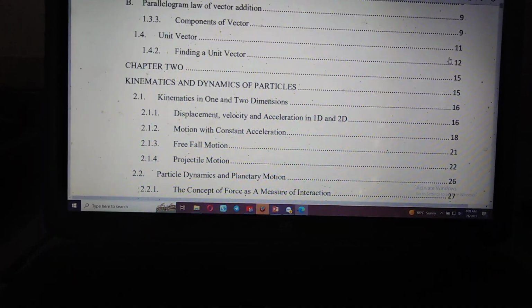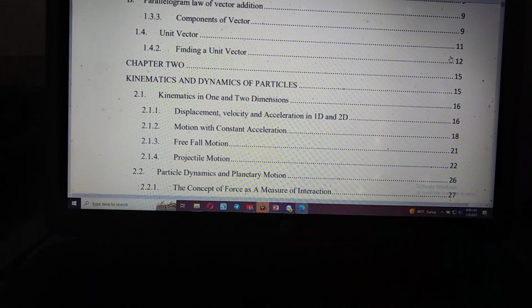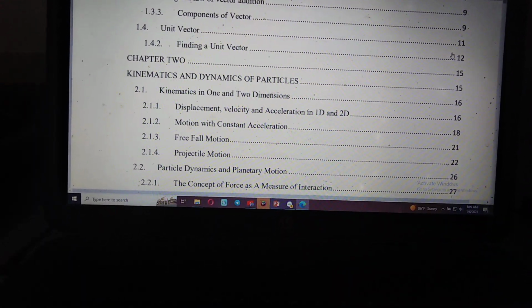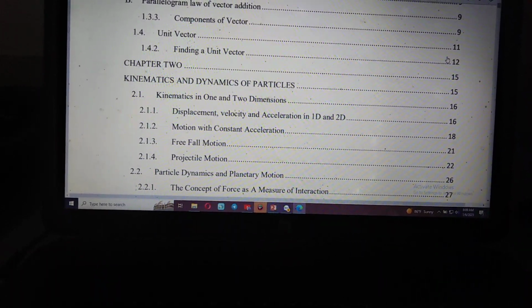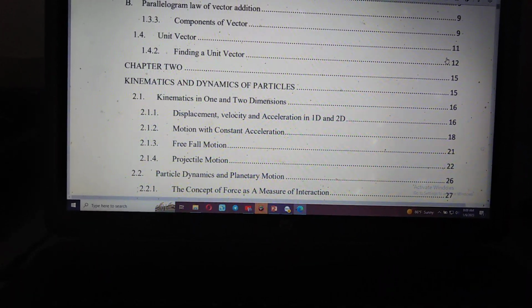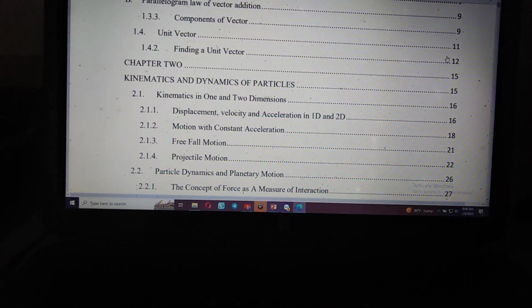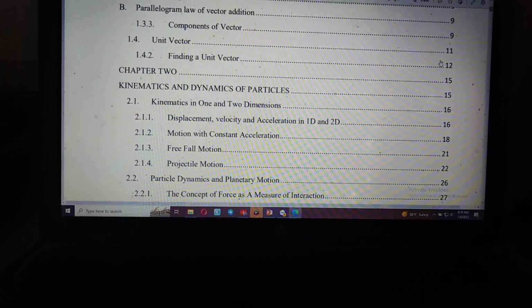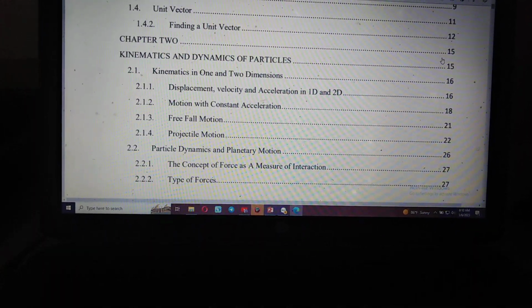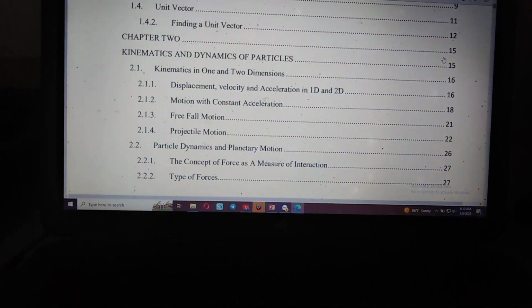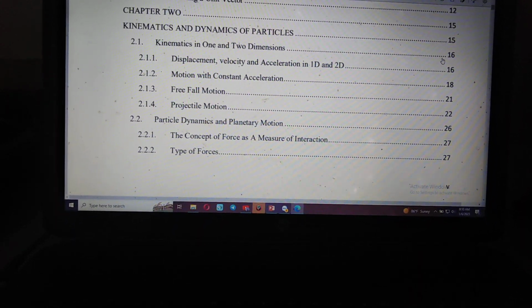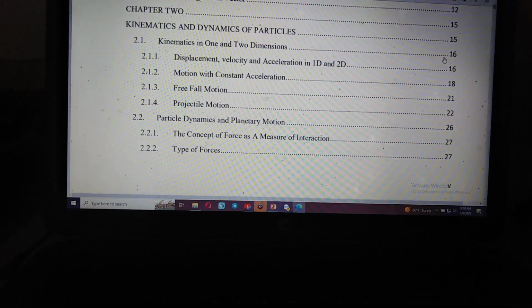Motion with constant acceleration, free fall motion, and projectile motion are included under kinematics in 1 and 2 dimensions. This is under kinematics.